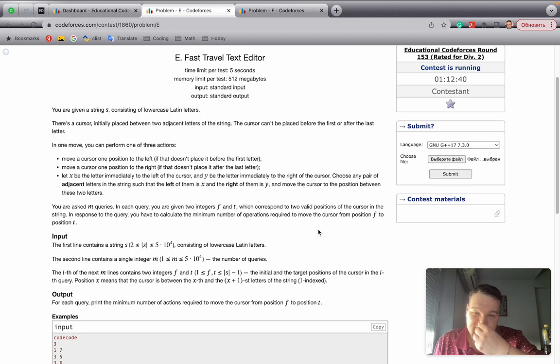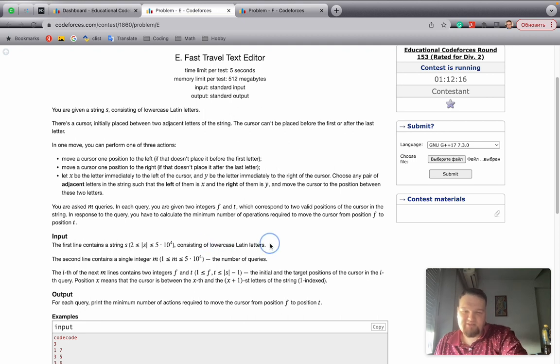Yeah. So we have this graph, which is a linear graph plus some special stuff. Can it be important that those are letters?